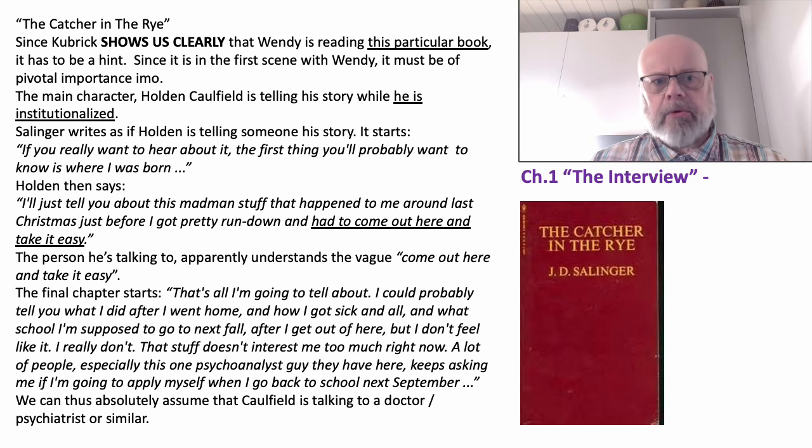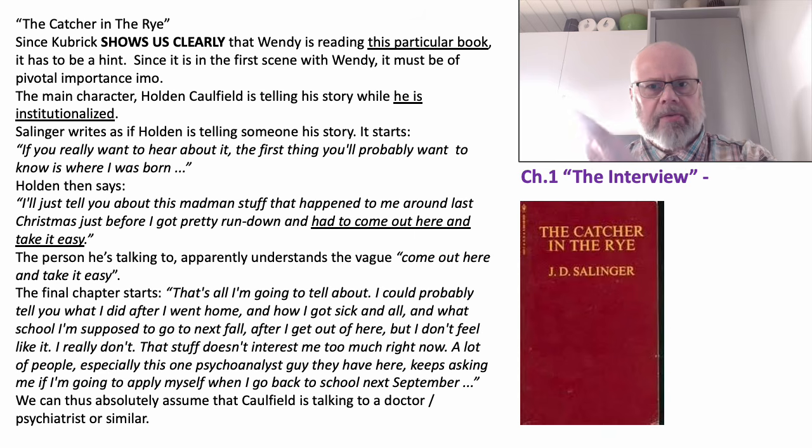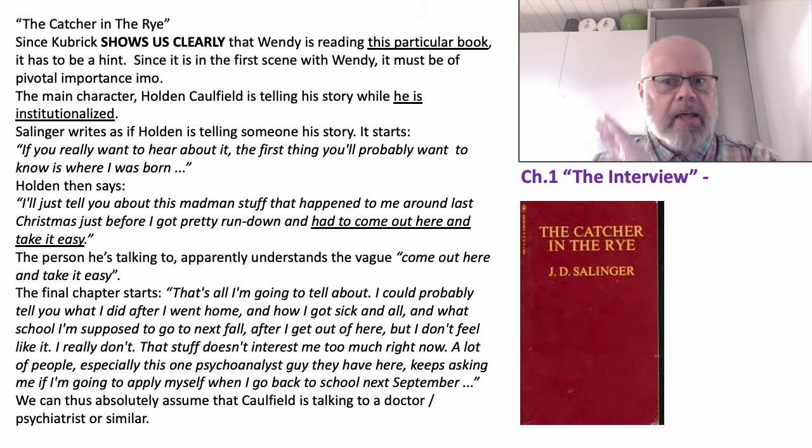The main character in the book is Holden Caulfield, as he's called, right? He is telling his story while he's institutionalized, right? This is very, very important to understand. This book deals with a person who is in one way or another institutionalized, and it's early on, as I'm going to quote from the book in the next bit here. He is talking about some events prior, the last Christmas, between Christmas and New Year, whatever, at that time.